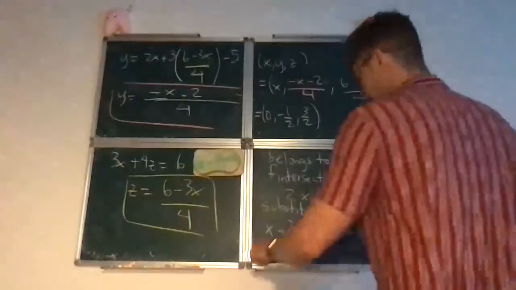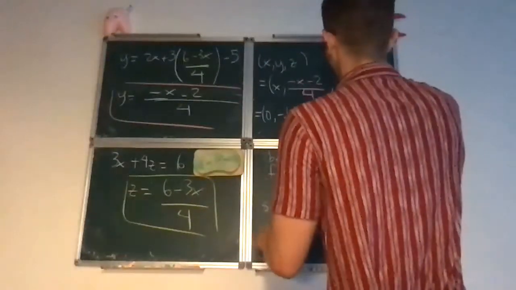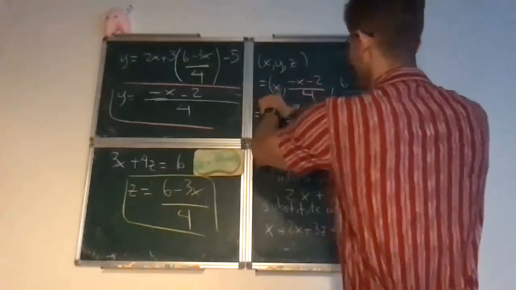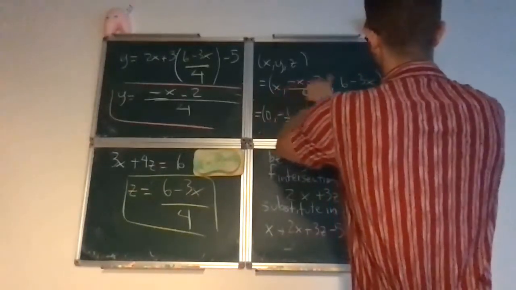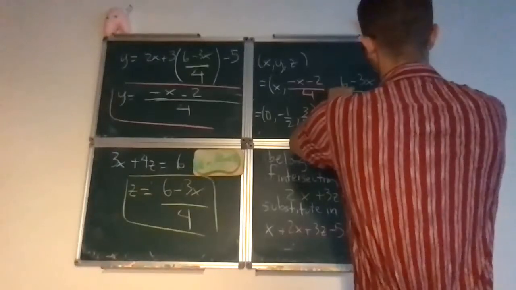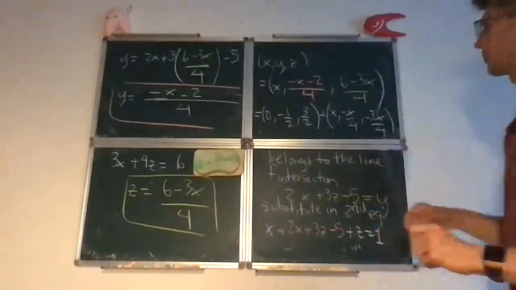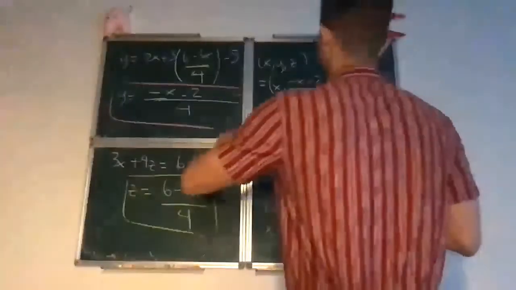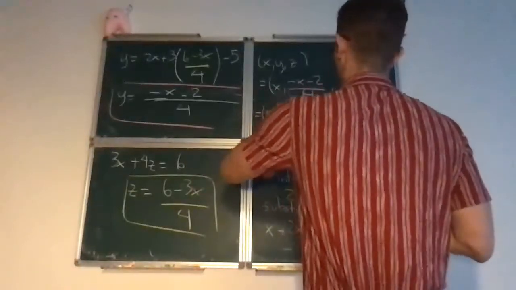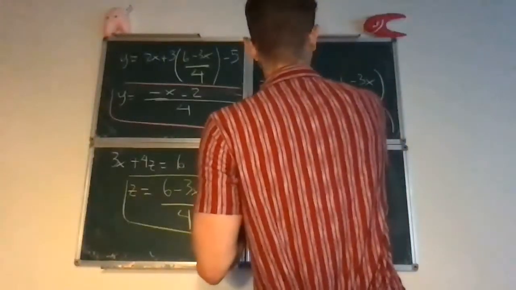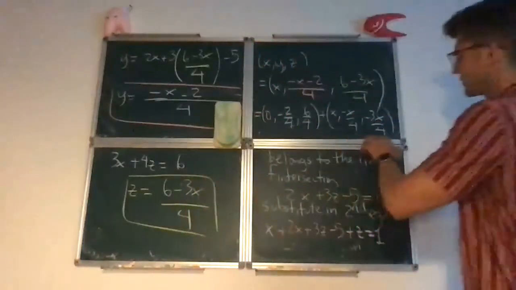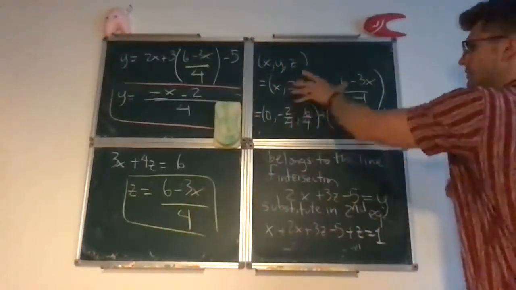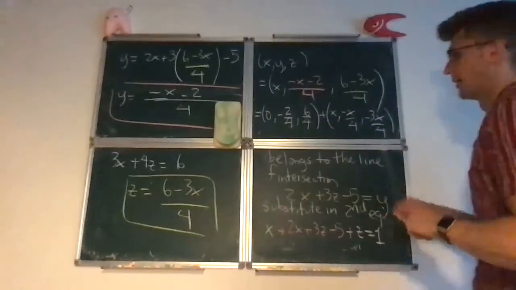And then the other stuff has x everywhere: x, minus x over 4, minus 3x over 4. It may be even better if I don't simplify so that it's more obvious. If you add up these two vectors, you get the vector from above.